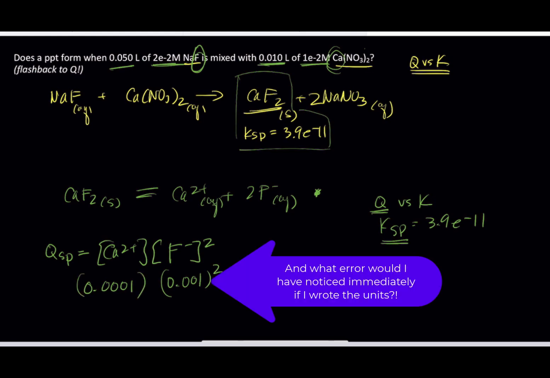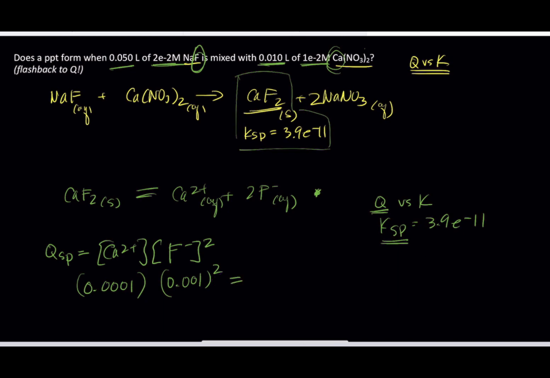And I'm going to get the product of this, which is going to be a whole bunch of zeros. Oh, nope, because we're not done yet. Nope, it's not going to be just a whole bunch of zeros. That would be too easy, right? These are moles. We've got to divide these by our volumes, which is 0.06 liters. And this is moles up top.